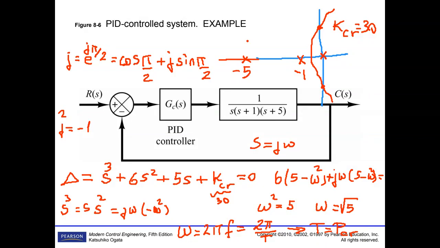Bode, numerator, denominator. But how can we add a title to this? How can we add a title somewhere here on the Bode diagram? We want to say, this is the Bode diagram of this transfer function. Does anyone remember how we add a title on a graph?